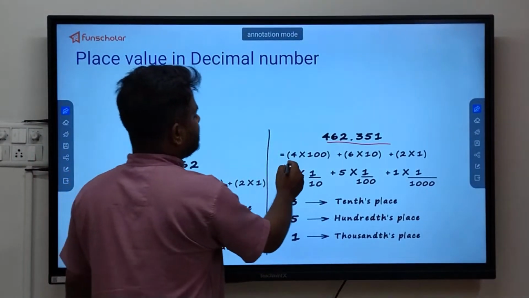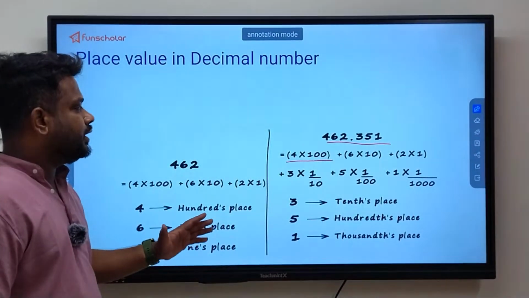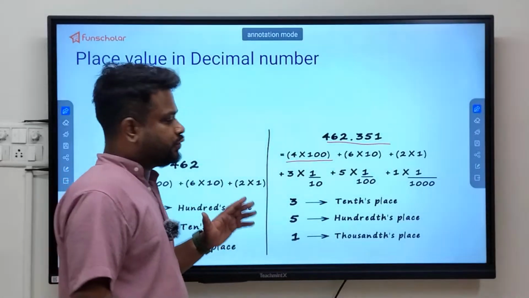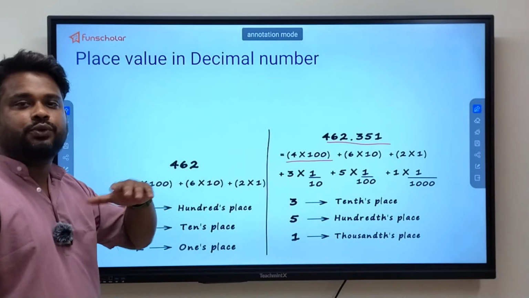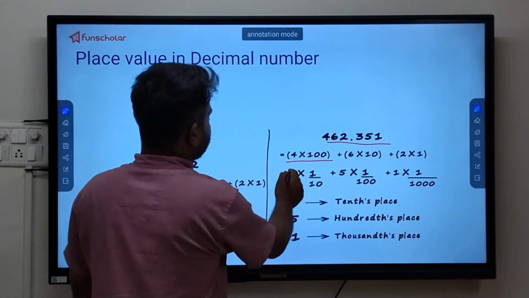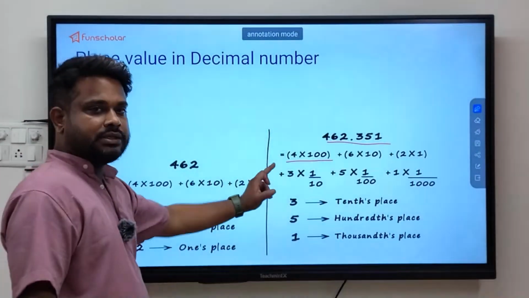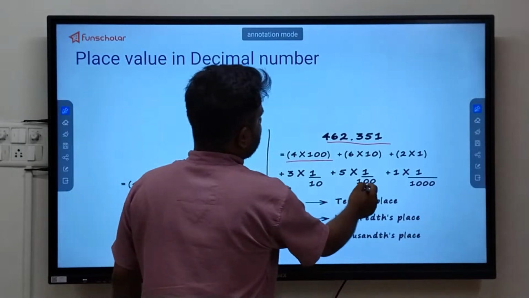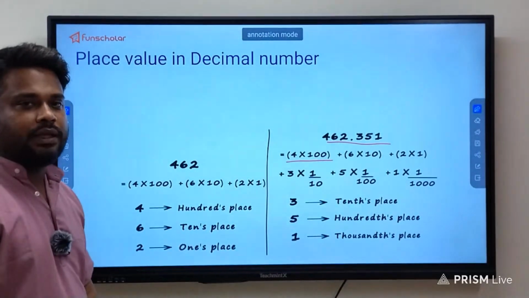So we can simplify this number like this: 4 into 100 plus 6 into 10 plus 2 into 1. Okay, but what about the other numbers which come after that? That means 3, 5 and 1. So 3 can be written as 1 by 10, 5 can be written as 1 by 100, and 1 can be written as 1 into 1 by 1000.